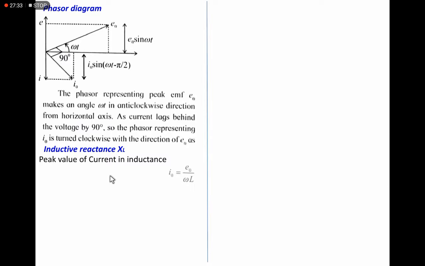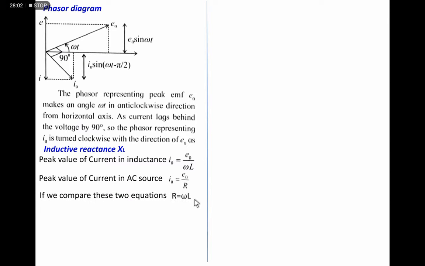Now we know the equation for the current across the inductance, the peak current I naught is equal to E naught by omega L. And the current across the source, as we just studied, is I naught equal to E naught by R. If we compare these two, we write R is equal to omega L. R is the opposition to the flow of the current in the circuit, and it is equal to omega L.